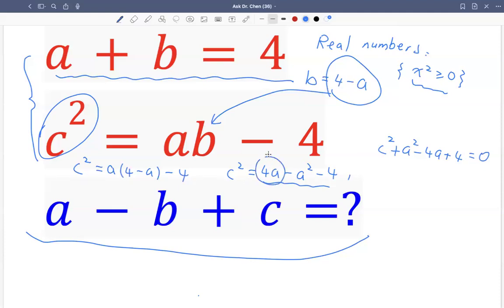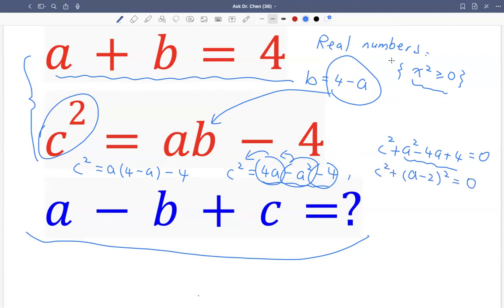Positive term, we move to the other side, becomes negative. Negative term, move to the other side, becomes positive. That's how we get this. But look at this one. This is a perfect square. So these three terms can be written as (a minus 2) squared. Then we have c squared plus (a minus 2) squared equals 0.